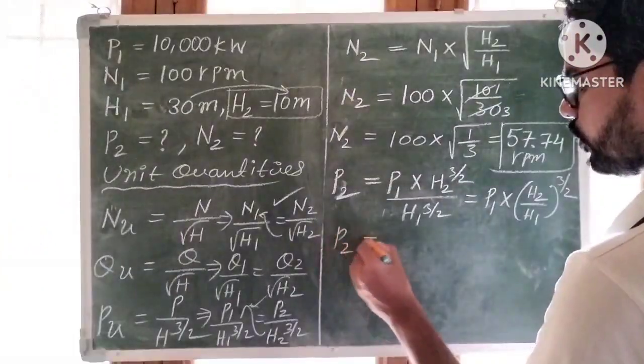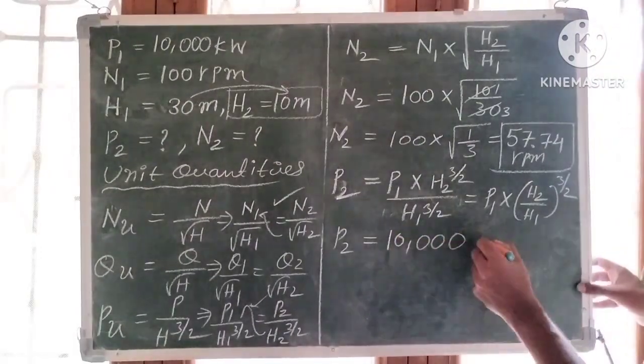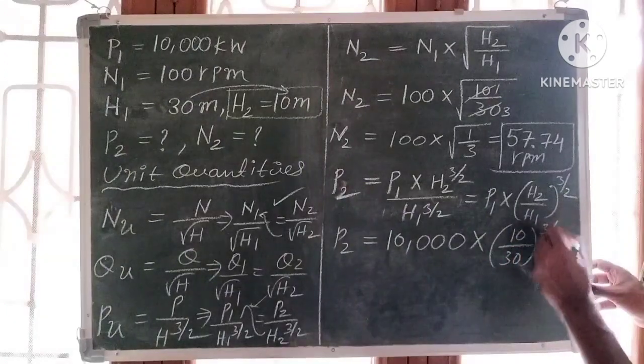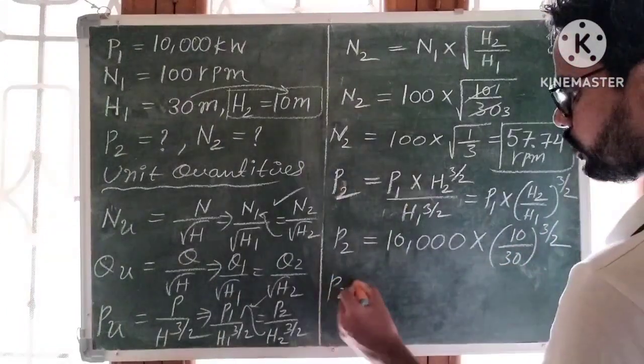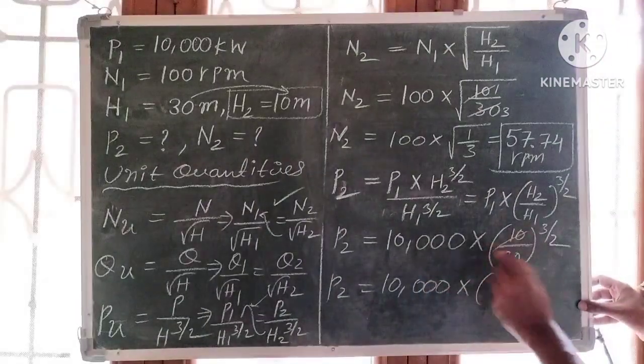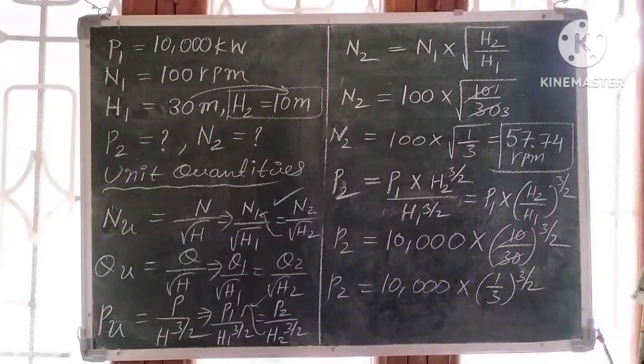Now P2 is equal to the initial power 10,000 kilowatts into H2 10 by H1 30, power 3 by 2. So P2 is equal to 10,000 into 1 by 3 power 3 by 2.